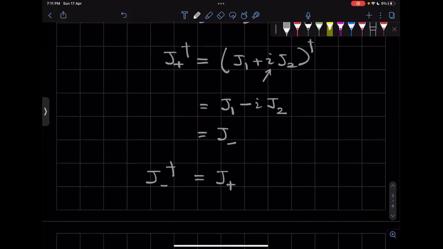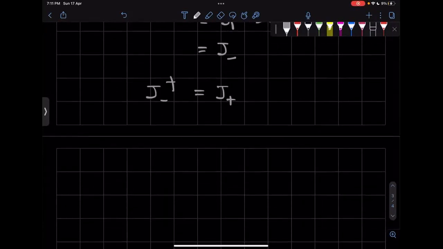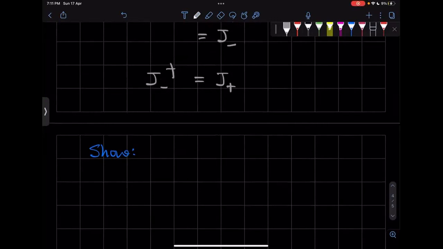Okay. So now you should be able to show very easily that in this basis, the 3 non-trivial commutation relationships become: the commutator of J3 with J plus/minus is equal to plus/minus J plus/minus.